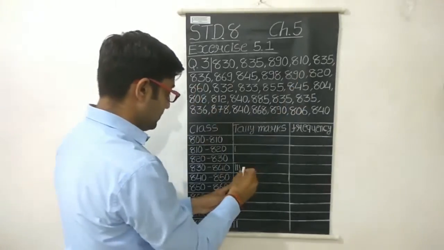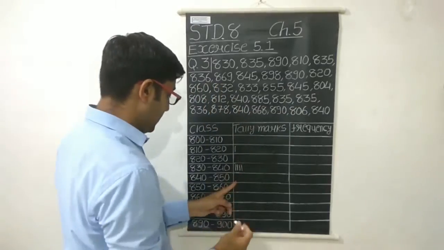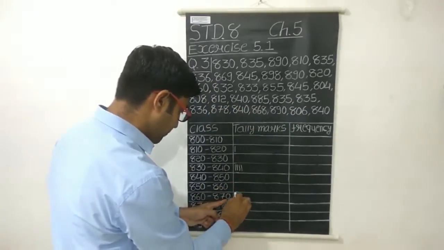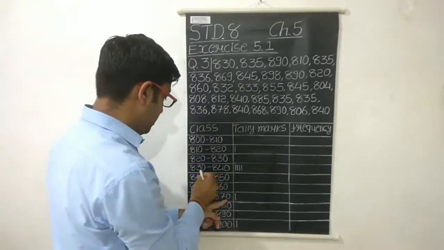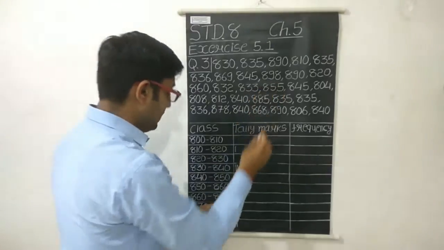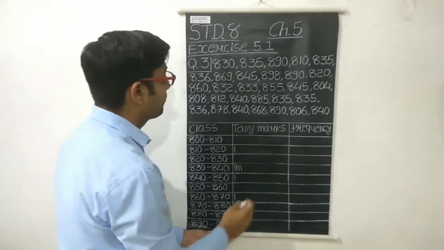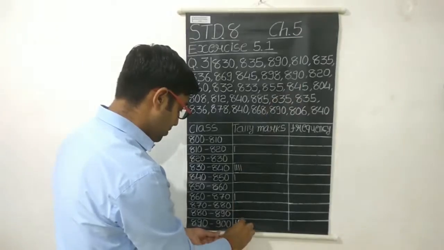And 836 will also be here. Now 869, we have to put in this group. And 845, 845 will be in this group. In the same way 898 will be in the last group. And 890, again we have to put here.